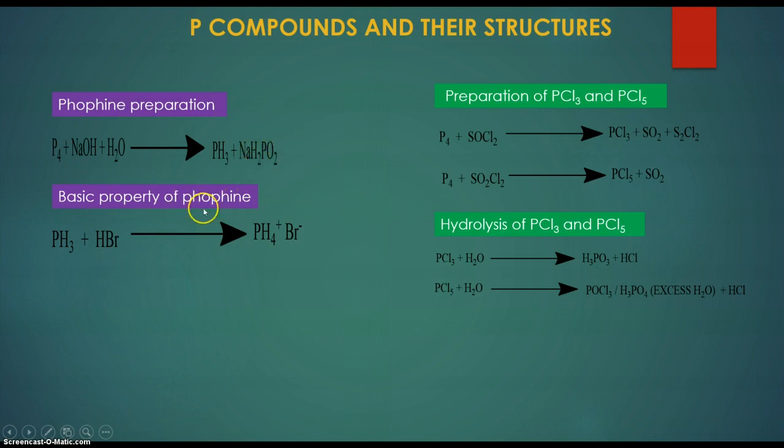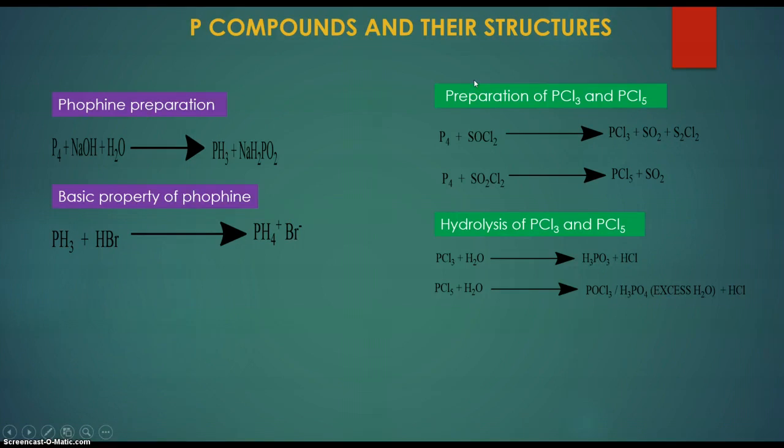Secondly, phosphine has basic property like NH3, because phosphorus of PH3 contains a lone pair of electrons that can easily take a proton from any acid like HBr, as we have shown here. PH3 is accepting one hydrogen or proton from HBr, forming phosphonium bromide salt, PH4+ and Br-.